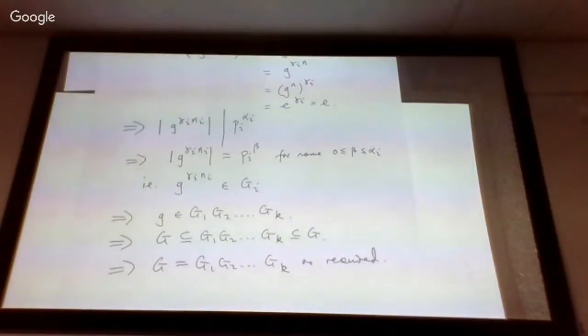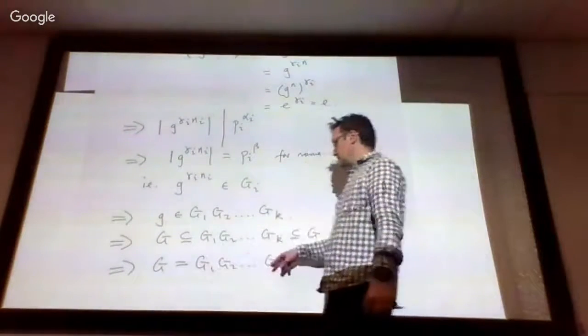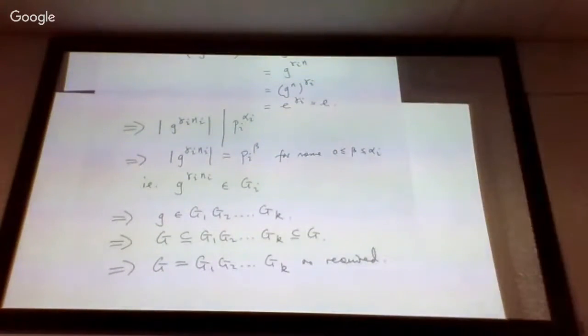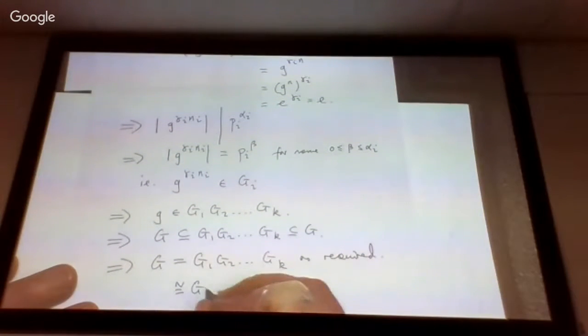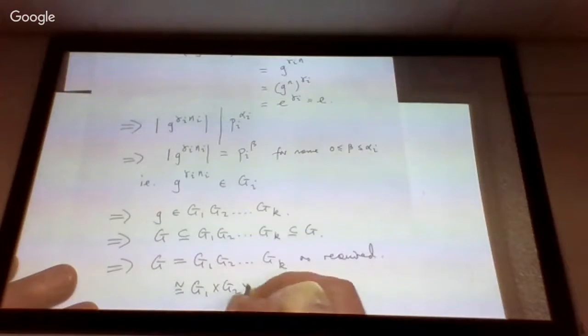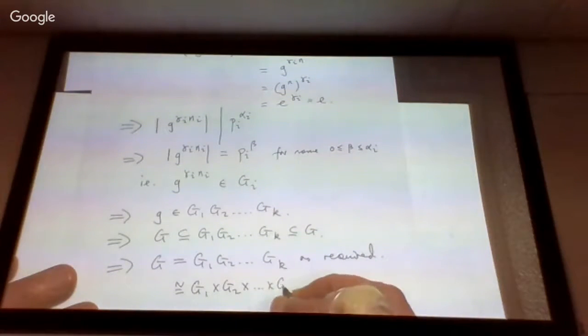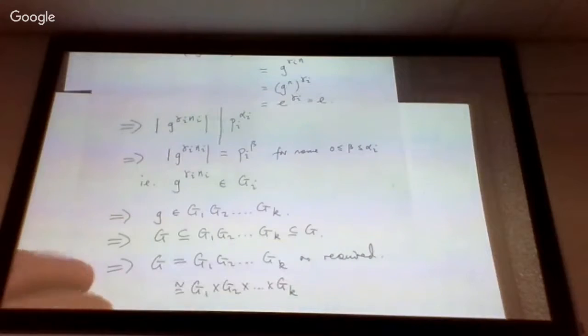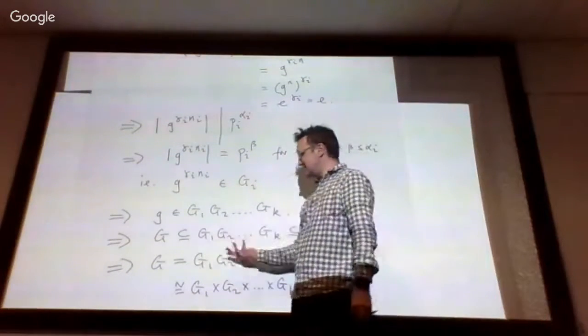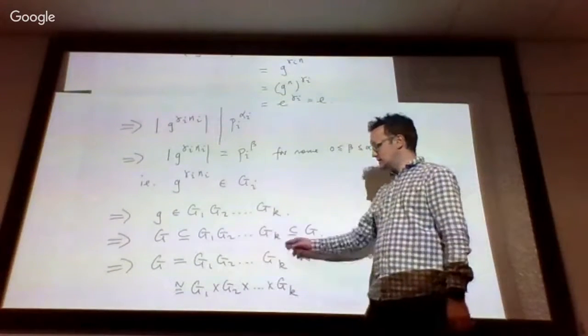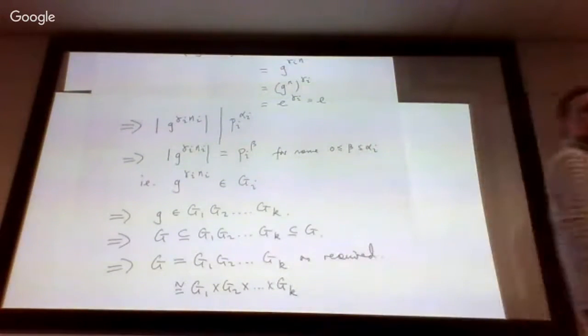Because every element can be expressed as a product with the various factors coming from those. And just remember, this is isomorphic to the direct product of them. So we've already proved that they have the necessary trivial intersection properties so that the set-wise product is an internal direct product. So it's isomorphic to the direct product. So that finishes off the proof.